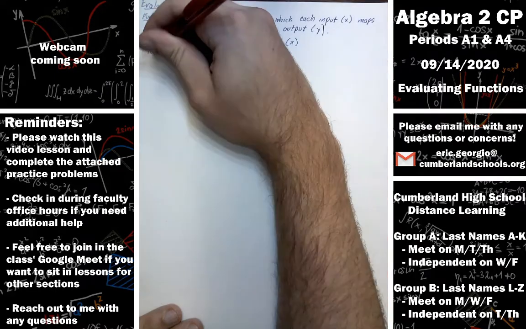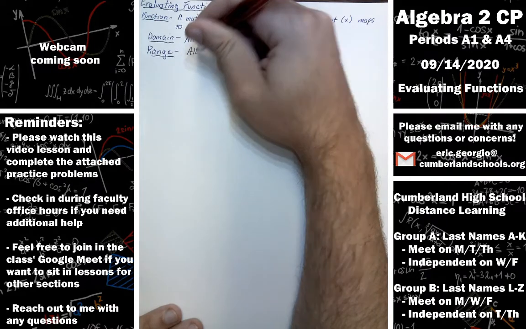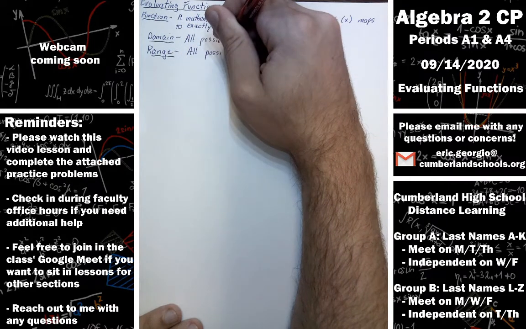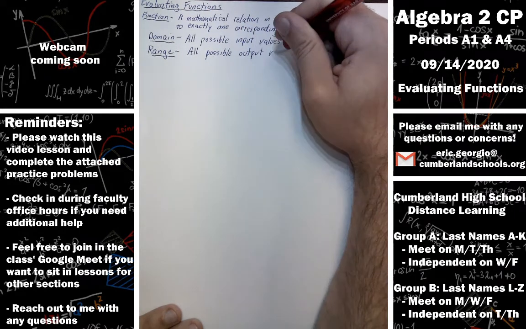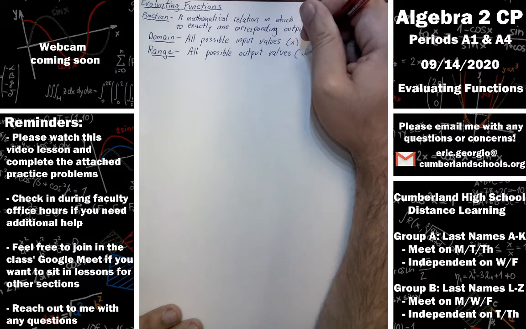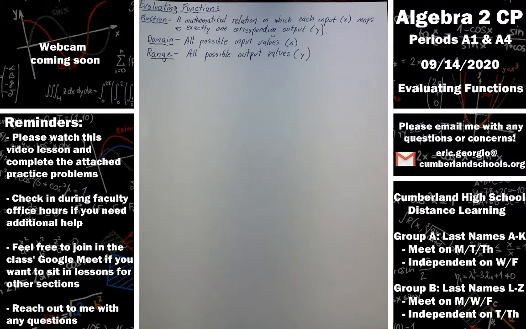And your range refers to the set of all possible output values for a particular function. All right, so just a couple quick little definitions. Again, we're going to talk a lot more about domain and range next class, but I just wanted to hit you with those at the very start so we can make sure we know what we're talking about.